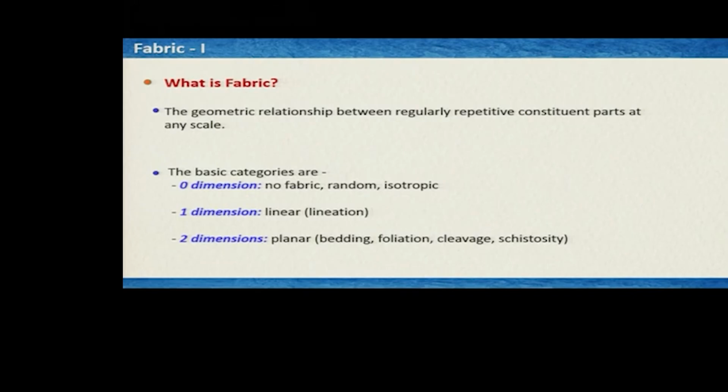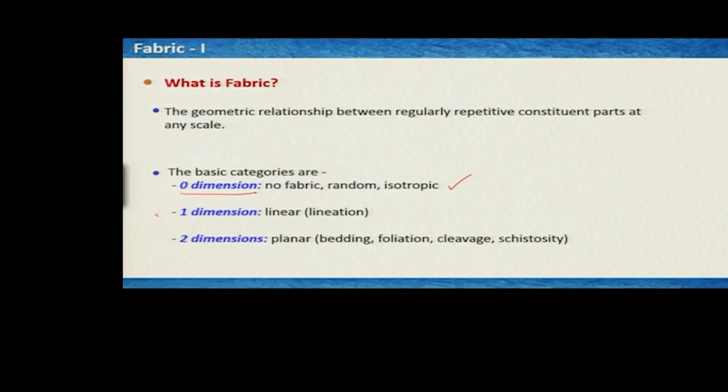If we think about these fabrics, which are geometrically distributed all over the volume, then we can consider them in 3 ways. The first one is if there is no fabric at all. The elements are distributed very homogeneously, they are not defining any fabric, then we call it 0th dimension of the fabric. So, there is no fabric or it is very random, and we can assign it as isotropic fabric.